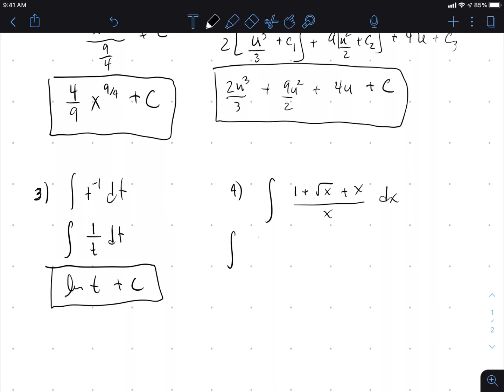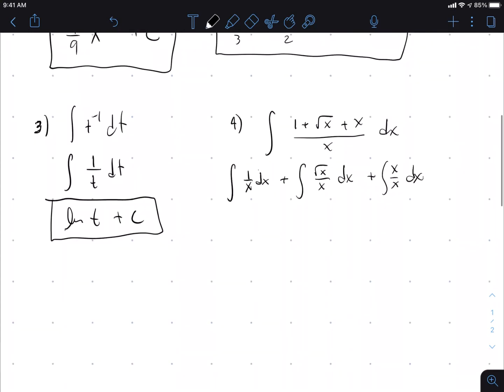So I'm going to get the integral of 1 over x dx plus the integral of the root of x over x dx plus the integral of x over x dx. And look at that first one. It's the natural log, right?